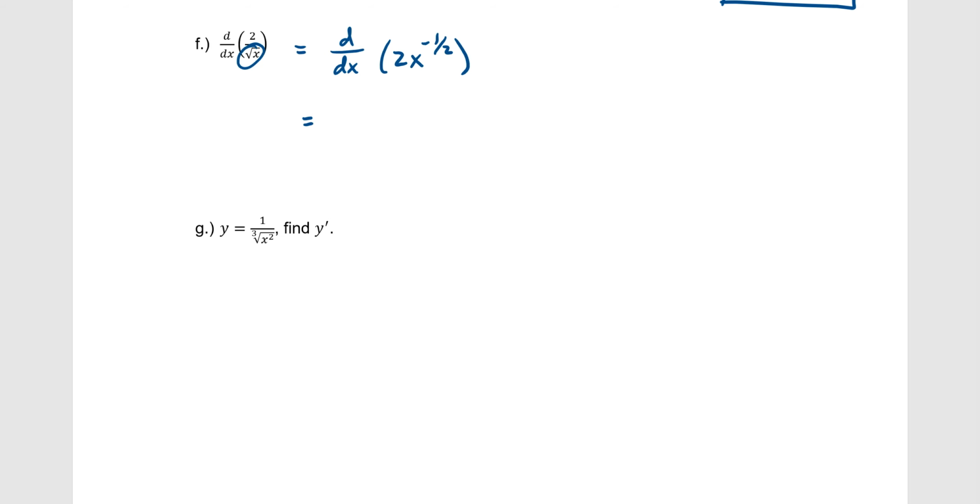And then we just perform power rule, bring down the negative 1/2. Then we need to subtract 1 from that exponent. That gives us just negative 1, because negative 1/2 times 2. So negative 1x. And then negative 1/2 minus 1 is negative 3/2. So maybe write this as negative 1 over x to the positive 3/2.